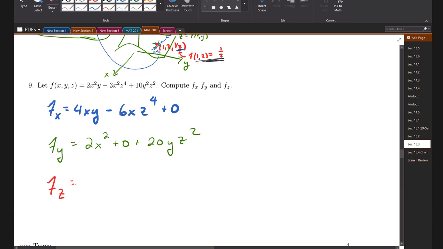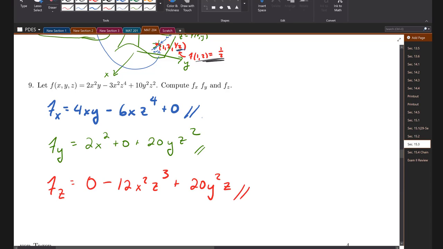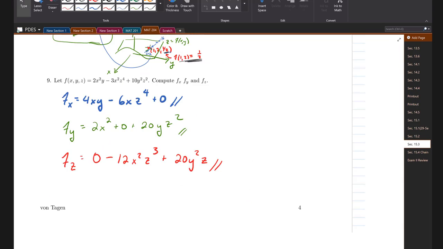We get f sub z would be 0 minus 12x squared z cubed plus 20y squared z, as long as I didn't make a mistake. Any questions on that, folks? All right, let's extend it.